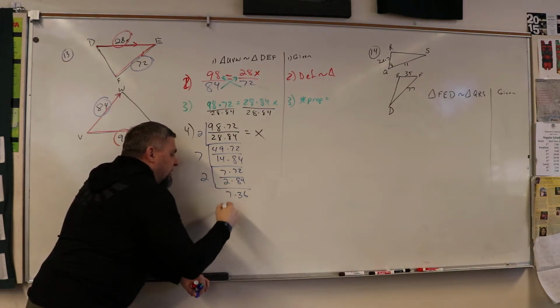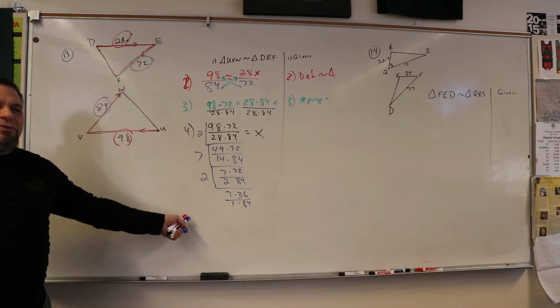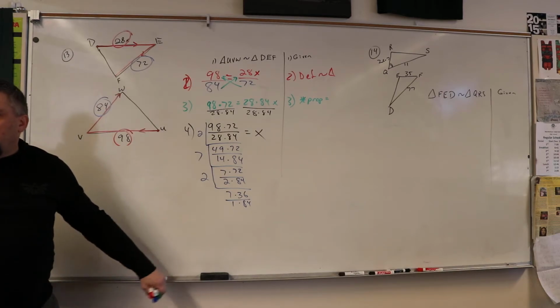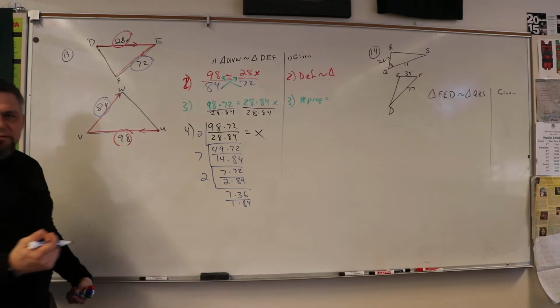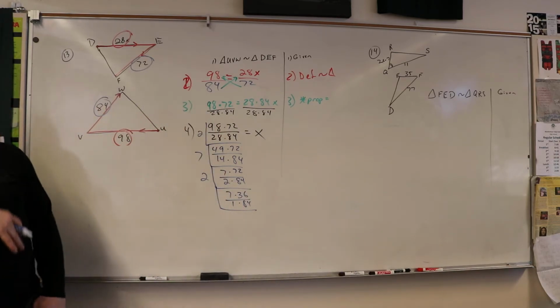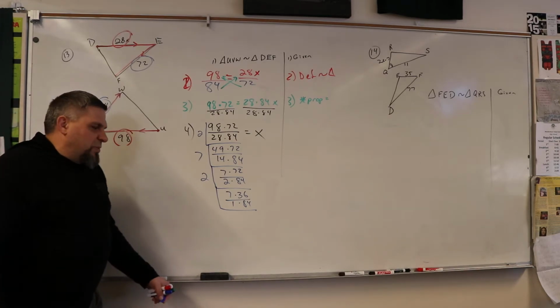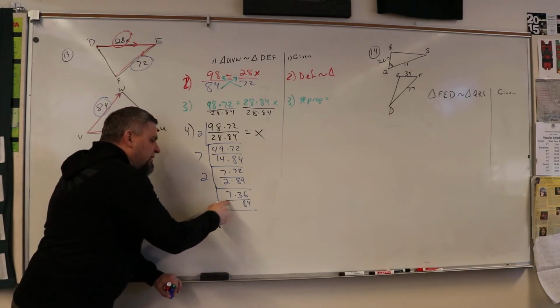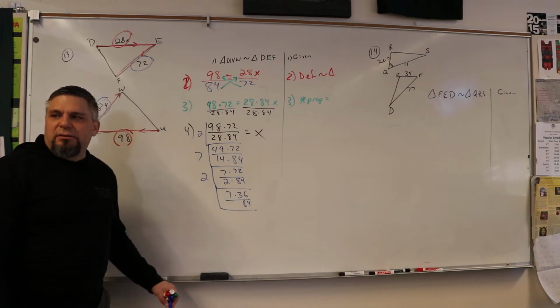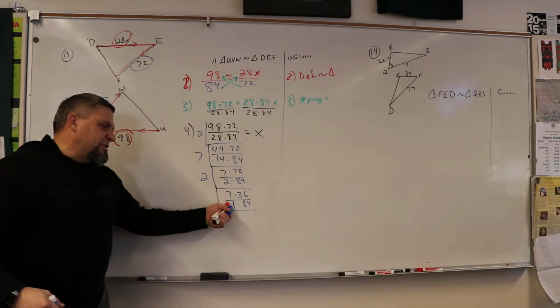And then I can pull a 2 out of 2 and get a 1 and 84, right? Now I don't have to write the 1 anymore. I'm going to leave it there for now, and I'll take it away on the next one, because you don't need it. So if you chose not to write it, that's fine. But I'm leaving it there just so you can see what happened to the 2.